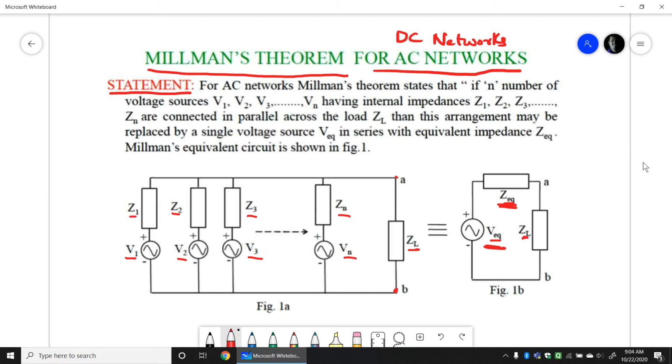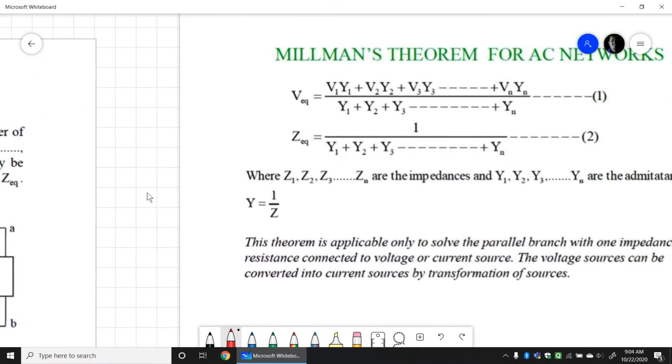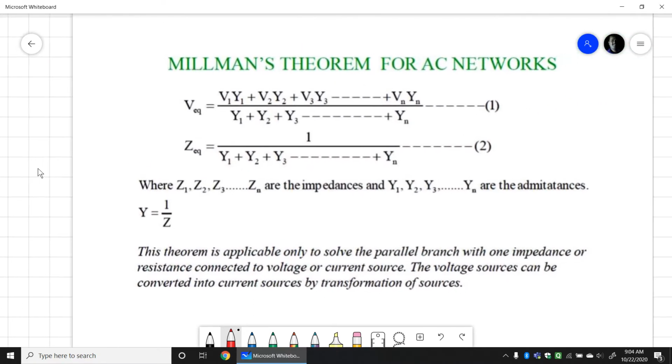Now what is V equivalent and what is Z equivalent? According to Millman's theorem, V equivalent and Z equivalent are calculated by two formulas. V equivalent equals V1 Y1 plus V2 Y2 plus V3 Y3 and so on plus Vn Yn, whole thing divided by Y1 plus Y2 plus Y3 and so on plus Yn.